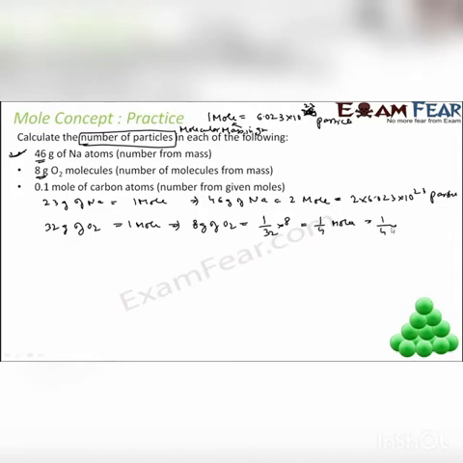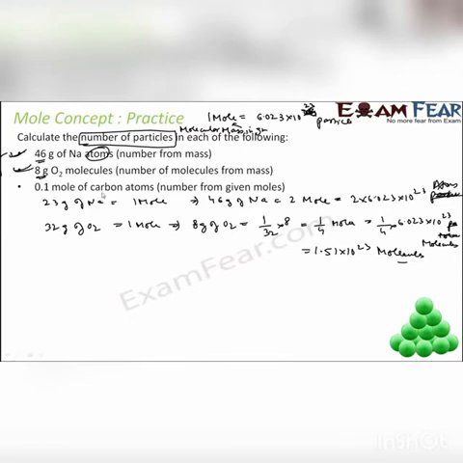And 1 by 4 moles is nothing but 1 by 4 into 6.023 into 10 to the power 23 particles. This is molecules, so I can write molecules only directly. You solve this, you get 1.51 into 10 to the power 23 molecules. You can write particles, general word, or you can use molecules. Here it was atom, so I can write atom as well.